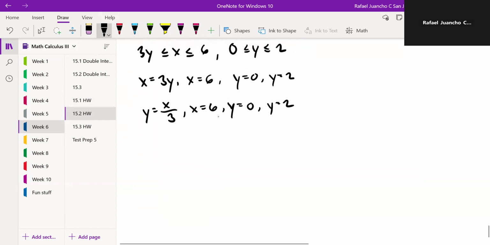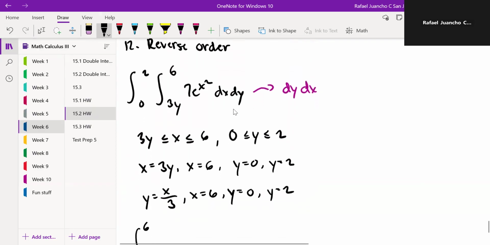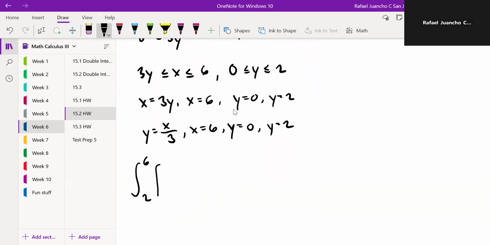Now I actually have new bounds here. So the new bounds is this for my y instead of x, right? So I would have for my x 2 to 6. Then for my y, I would have 0 to x over 3. How do I know? I plug in an x.